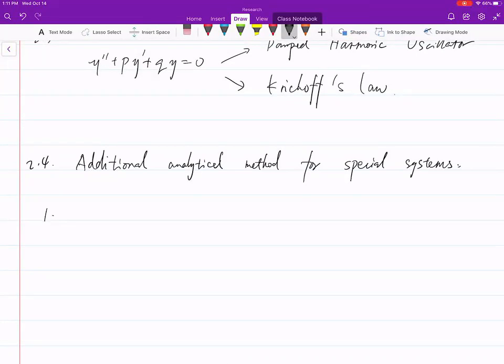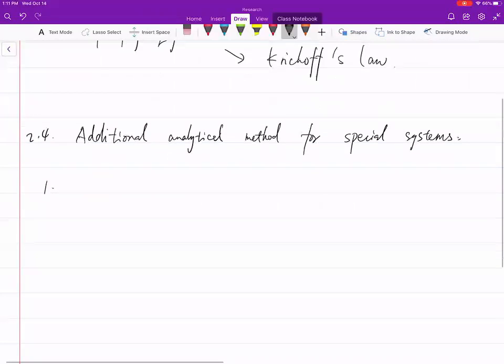Number one, for any system, it may be difficult to find the analytical method, which means solving the thing by using, for example, integrating factors or other mathematical ways. But this does work for some special ones. The first one is called a completely decoupled system.